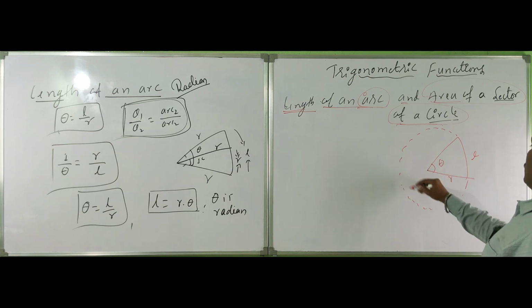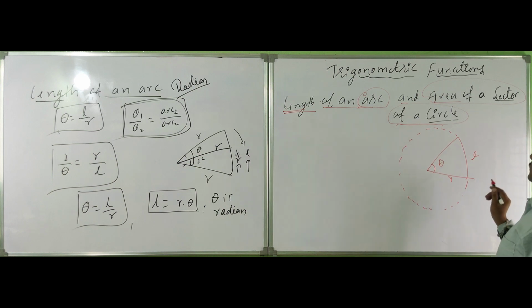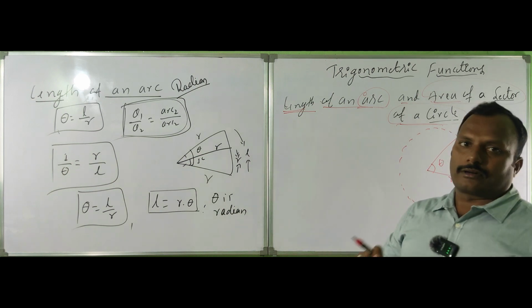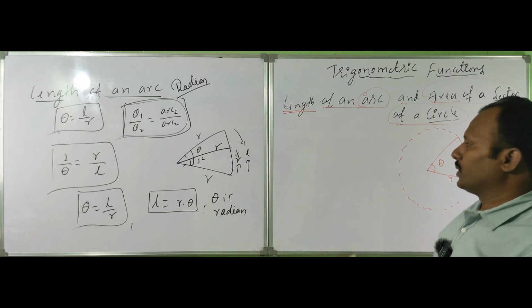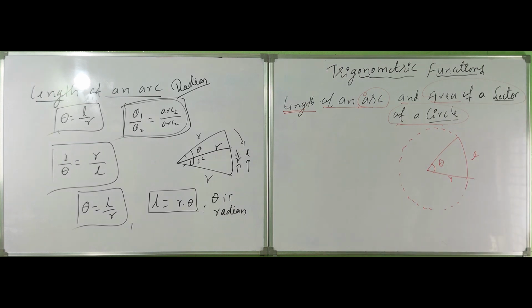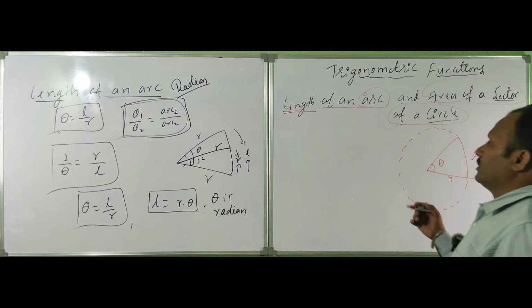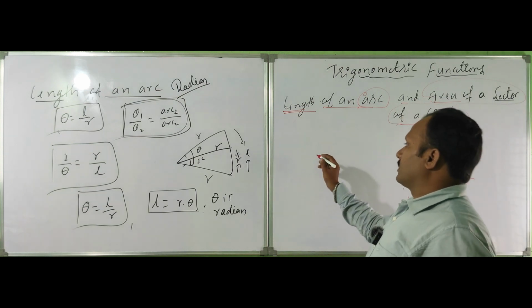And the whole circle is this. The ratio of the two corresponding angles is equal to the ratio of the area of the sector, the corresponding arcs.